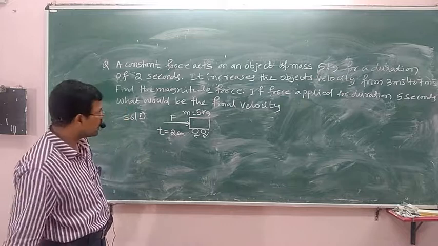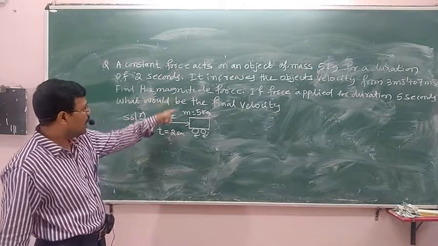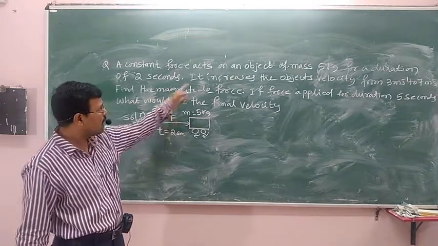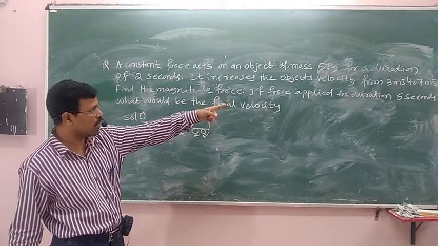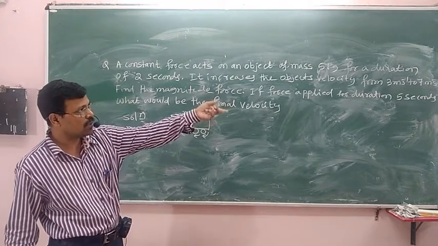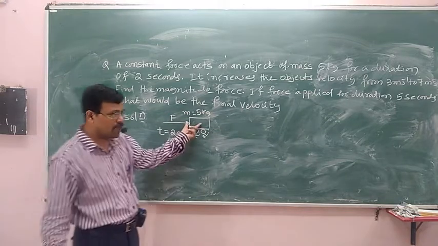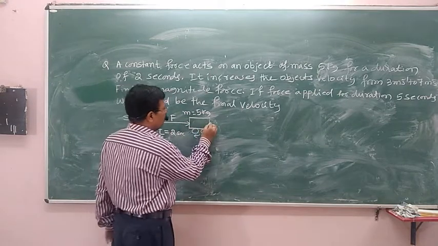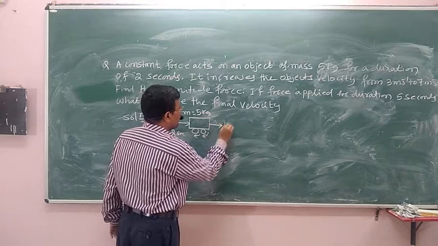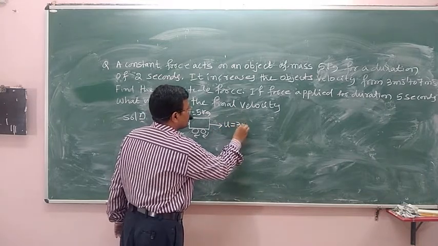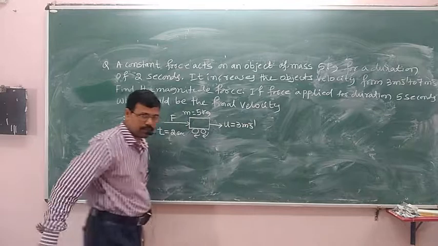T equal to 2 seconds. This force increases the object's velocity from 3 meter per second to 7 meter per second. Earlier this was moving with an initial velocity of 3 meter per second.